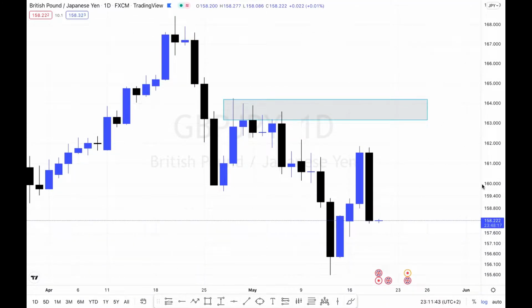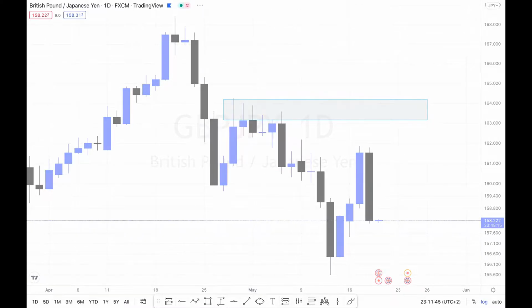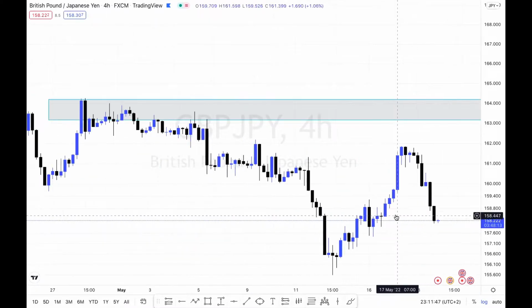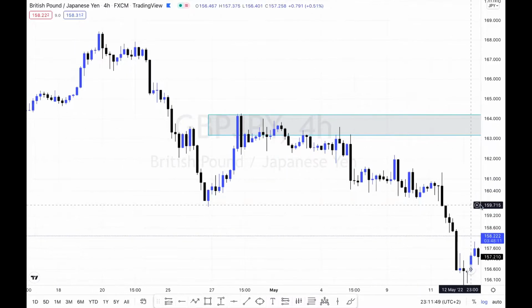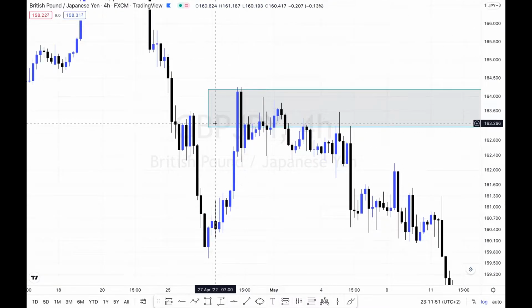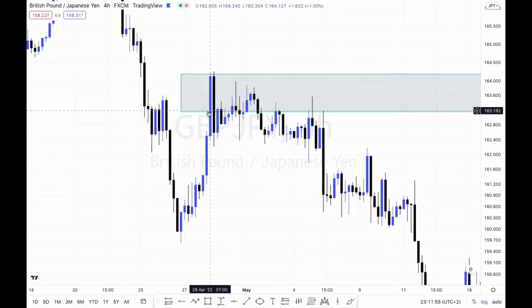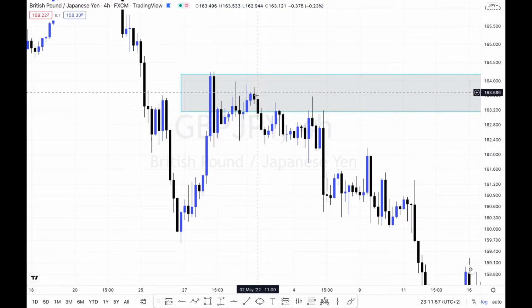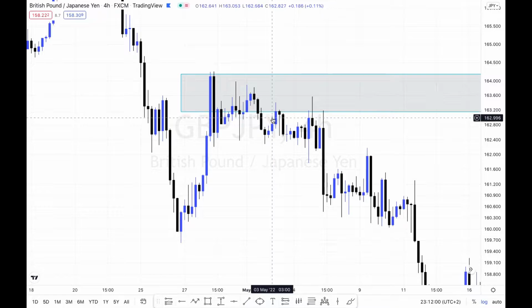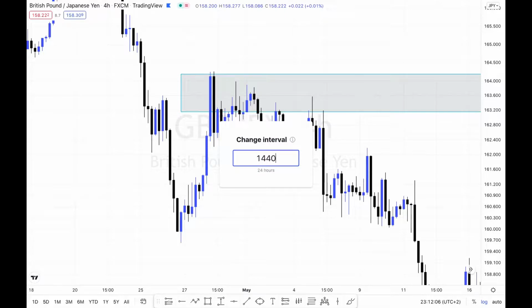So let's go to the 4-hour. So this is our zone of interest, since it's the rejection area, right? As we can see, price has been moving into here, right? So now what we're looking for is a rejection. I actually needed the red line.